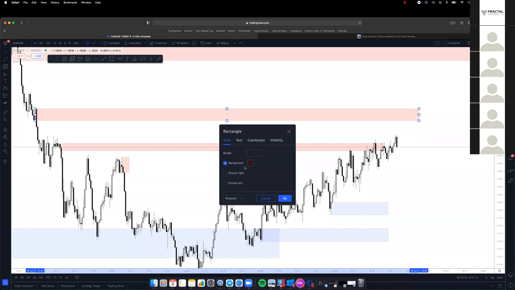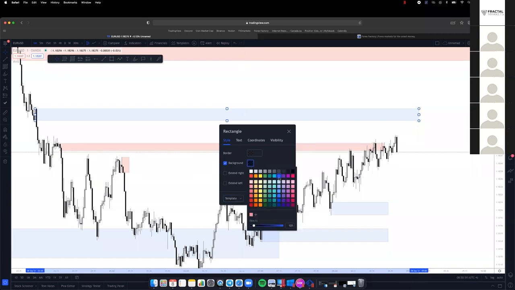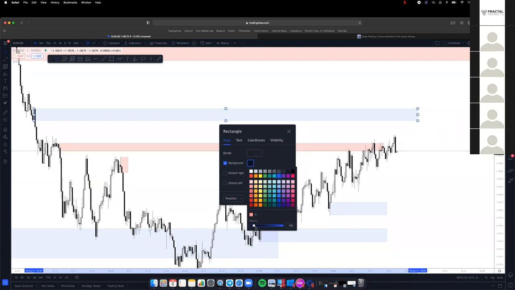Let's go over to demand. This blue here, 10%. Cool. My borders are both 1, 2, 3, 4. The 5th gray in at 20% for both of them.